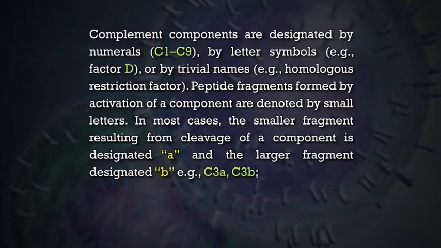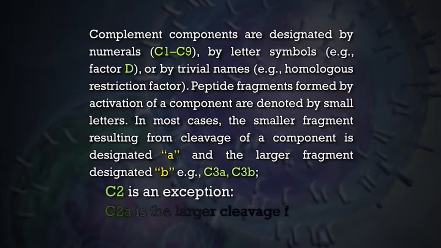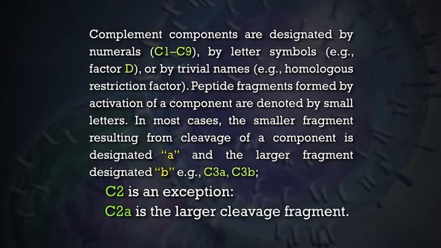For example, C3a, C3b. Note that C2 is an exception. C2a is the larger cleavage fragment. The larger fragments bind to the target near the site of activation, and the smaller fragments diffuse from the site and initiate localized inflammatory responses by binding to specific receptors.